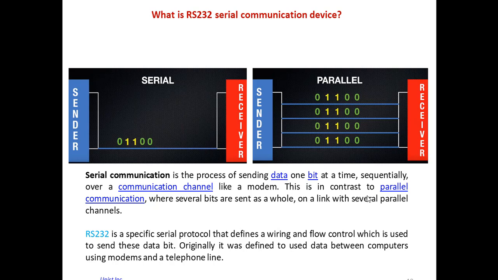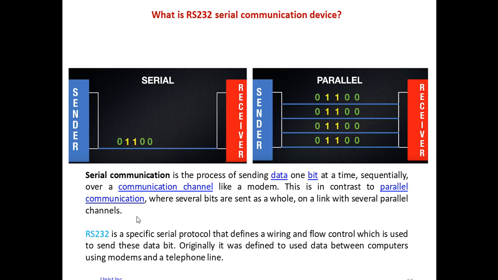In contrast, parallel communication sends several bits as a whole, and that is called parallel. In serial communication you send just 1 bit at a time: first 0 is passed, then another 0, and then 1, and then 1, and then 0. However, in parallel communication, you send 4 bits, 0 1 and so on, then another 4 bits, then another 4 bits. So this is called parallel.